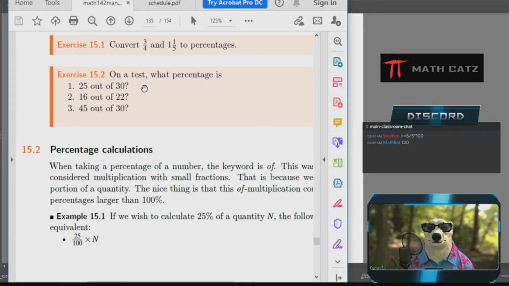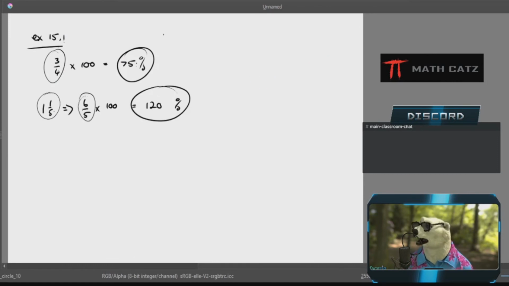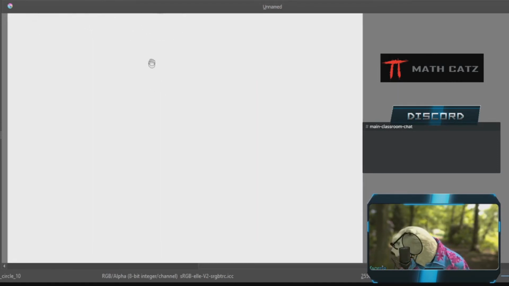15.2. Let's suppose you have a test and you score some scores. Of course, the total of the test could vary. What's your percentage on the test? How can that not be a relevant question? Super relevant. I can't think of anything more relevant. Or you see on the website the percentages are listed, yet your quiz paper came back with a score.